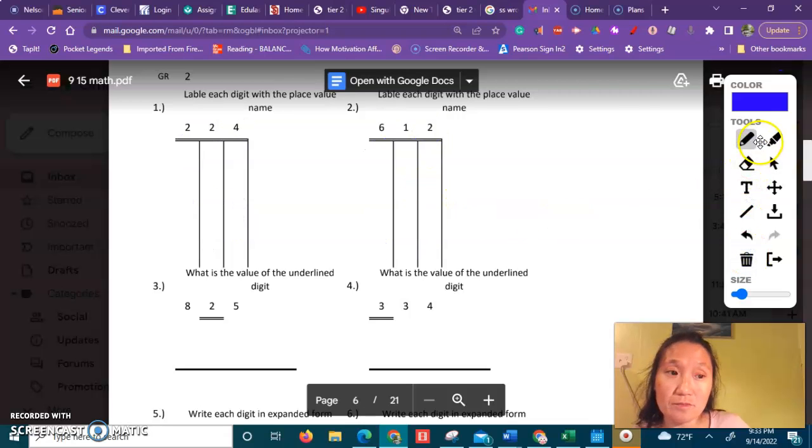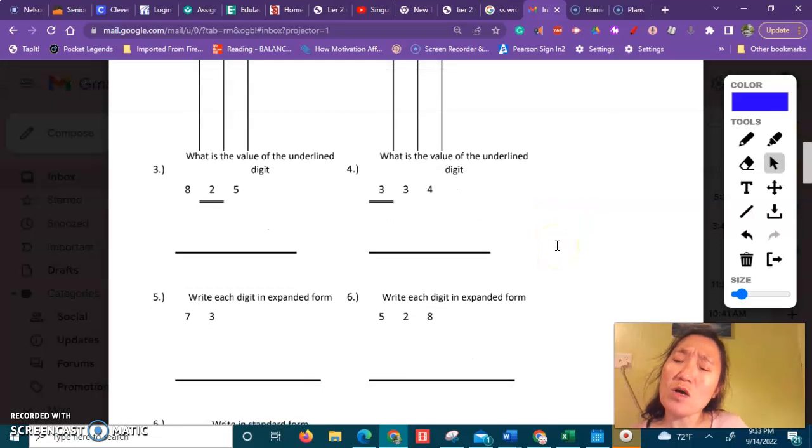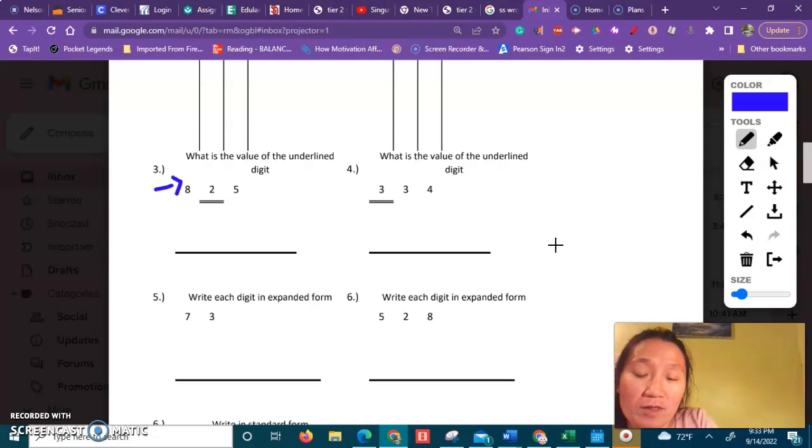Now, as we are moving down to questions 3 and 4, it wants you to think about the actual value of the underlined digits. How much are they worth? If you remember, this is just standard form, okay?